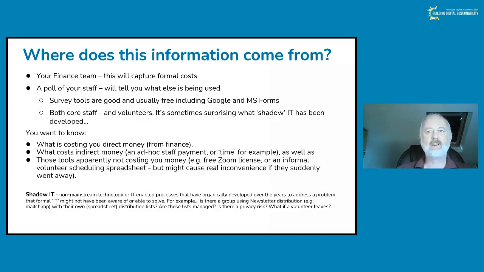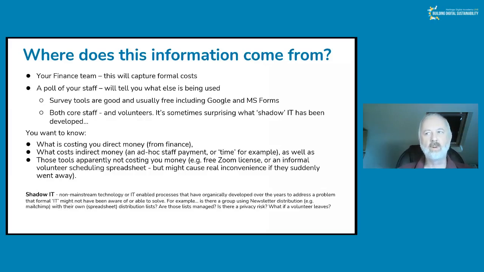But you want to ask your staff and your volunteers, because sometimes what they're doing is, whether directly or indirectly, paying for what's called shadow IT, stuff that you don't necessarily know about. So it could be that you've got a Teams license because you've got Microsoft Office, but actually there are some people using Zoom because they didn't know about it, and possibly even paying for a licensed version of Zoom, and they're just putting that license through on some kind of expenses.